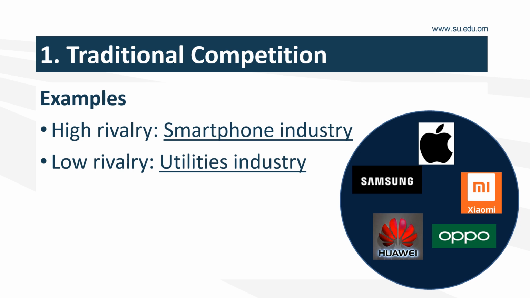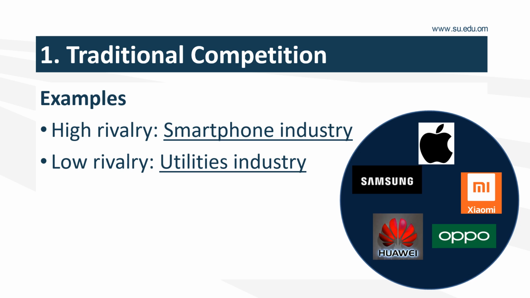But for the low rivalry, why does the utilities industry have low rivalry? Why can we claim that it is in low competition? Because in any country, the utilities company is a public company. It's managed by the government.